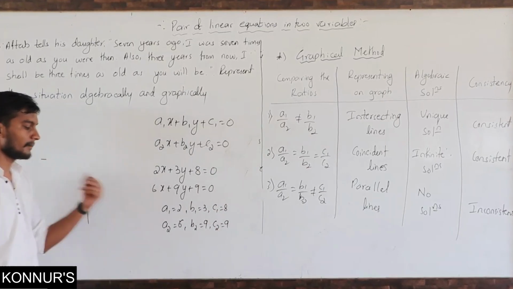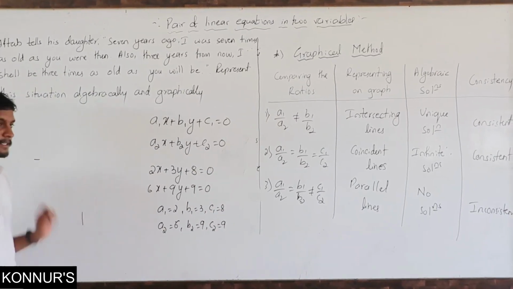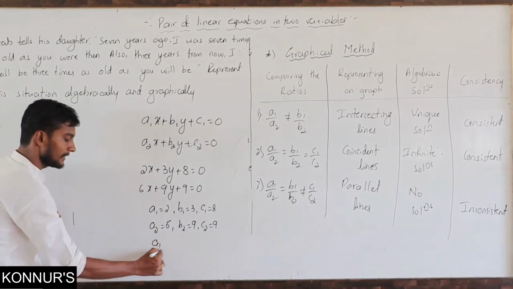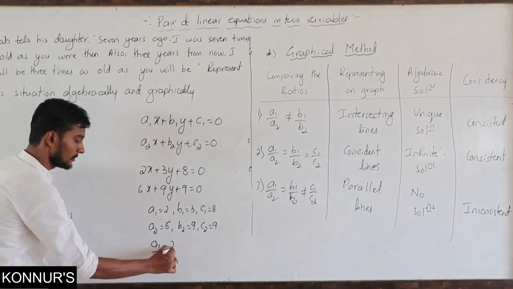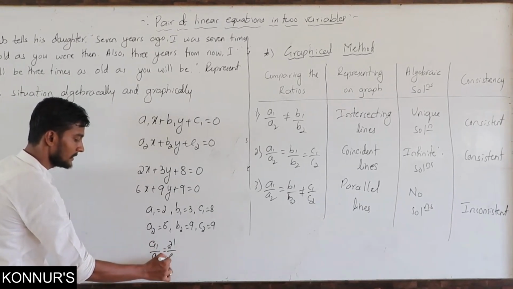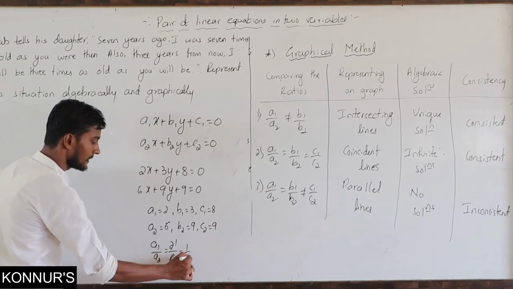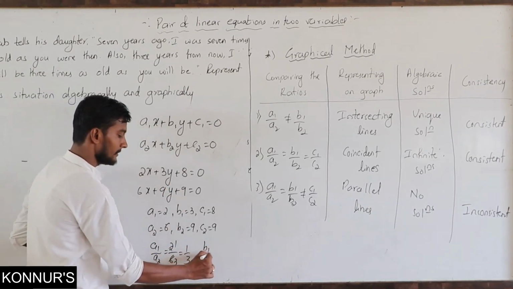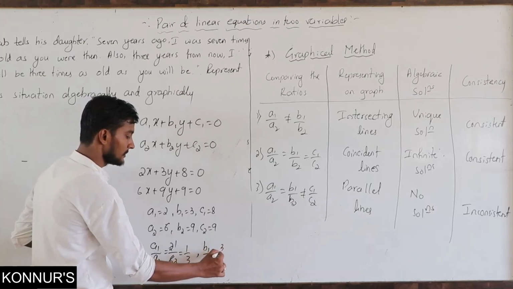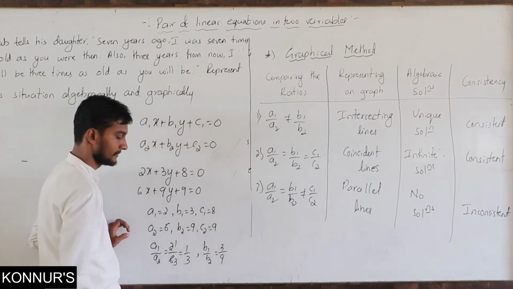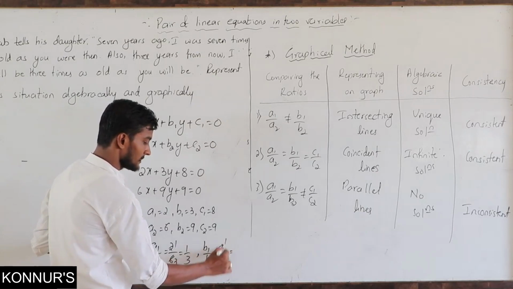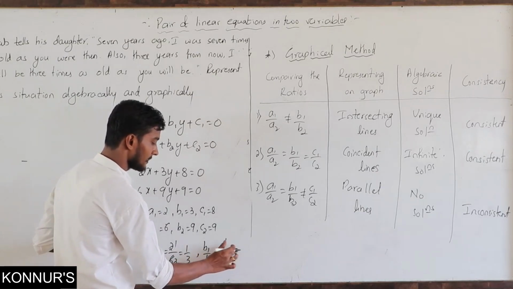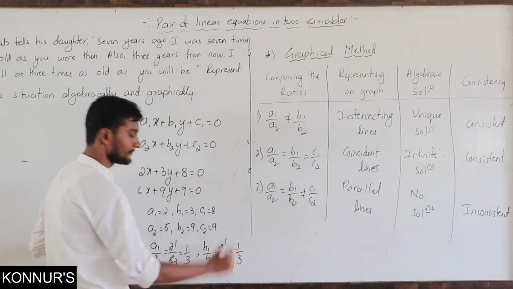Let us compare the coefficients. a1 divided by a2 is equal to 2 divided by 6. 2 ones are 2, 2 threes are 6, is equal to 1 divided by 3. And b1 divided by b2 is equal to 3 divided by 9. So that is equal to, if you cancel, 3 ones are 3, 3 threes are 9, 1 divided by 3.